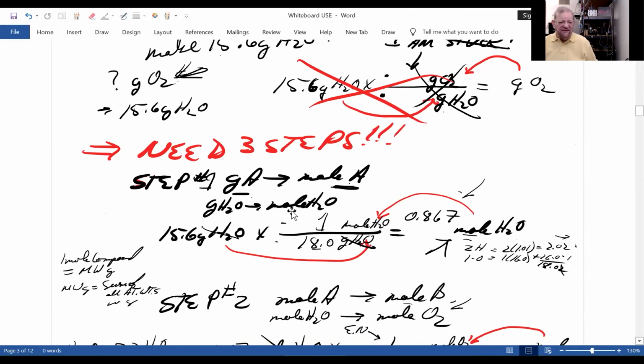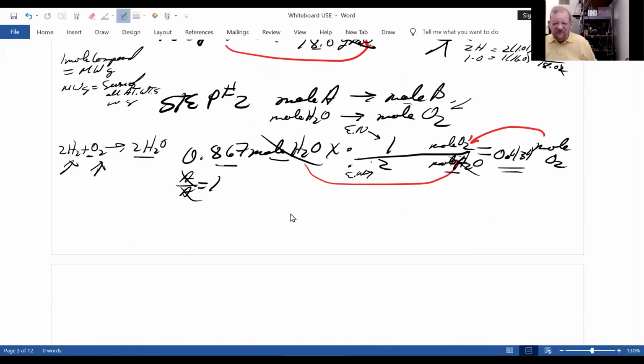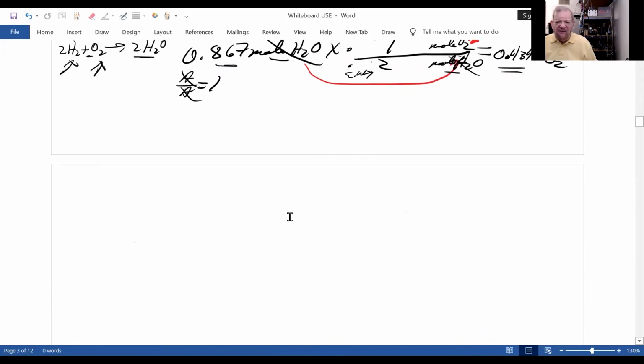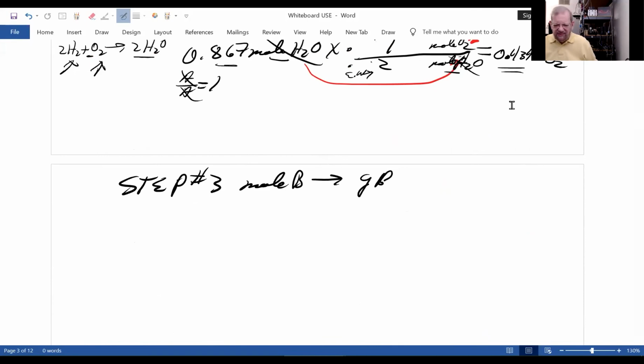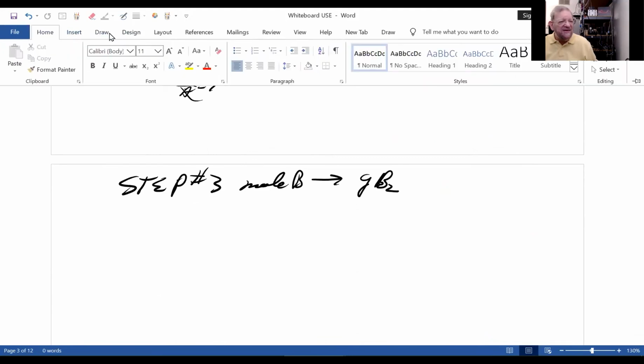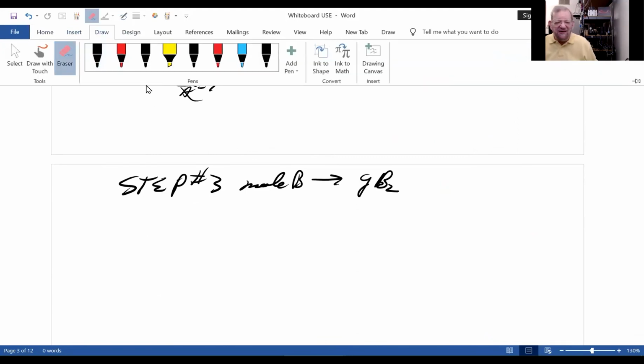I'm trying to get to grams of oxygen, but I have moles of oxygen. So it's now time for step number 3: moles of B, whatever we just calculated, to grams of B. Why did I put a 2 there? Thinking of O2, my head's getting ahead of myself.